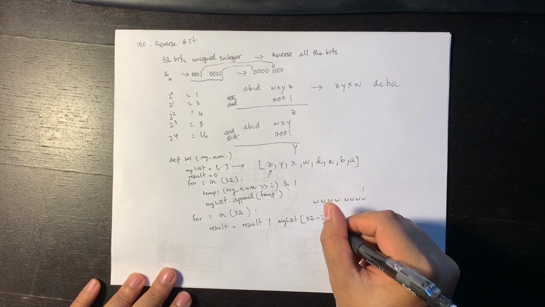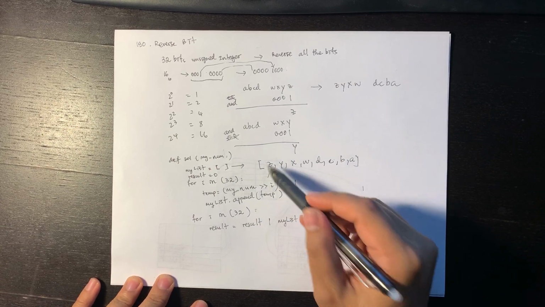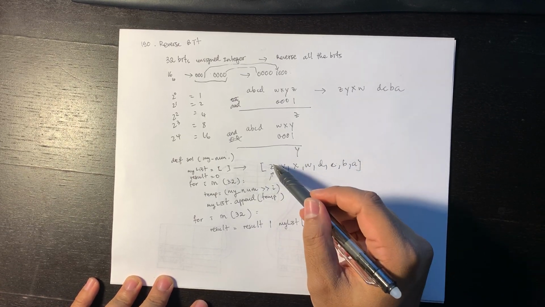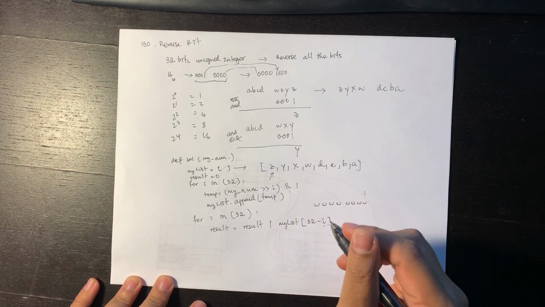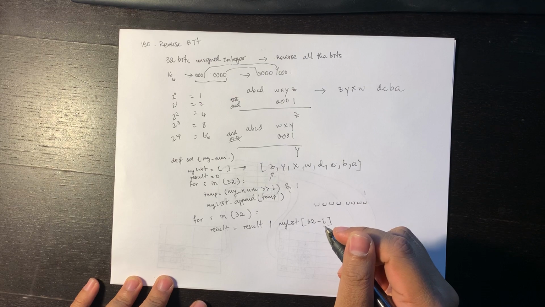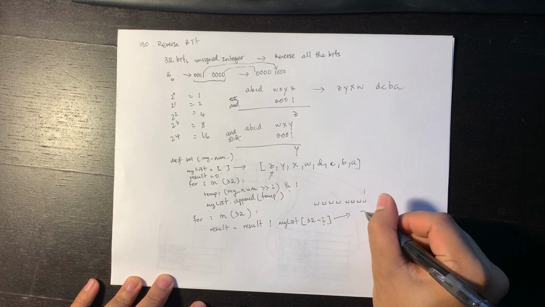In this case, i is 0 for the first iteration, so we will put our Z into the front.